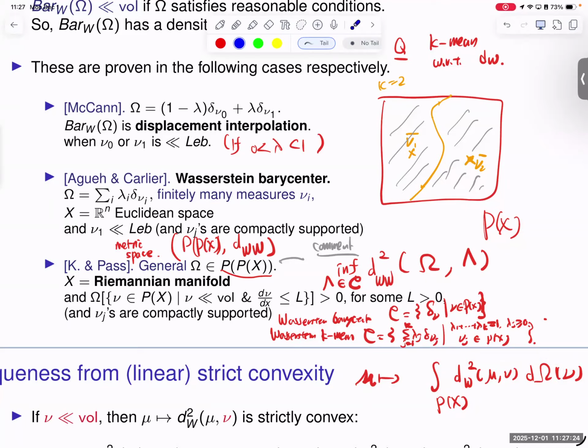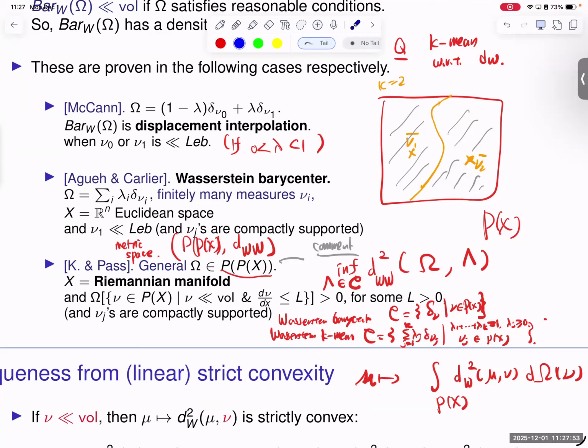First, let's check the strict convexity of this function with fixed nu when nu is absolutely continuous. In general, this Wasserstein distance square is not geodesically convex.